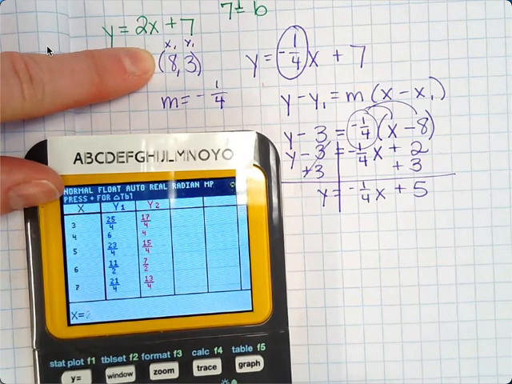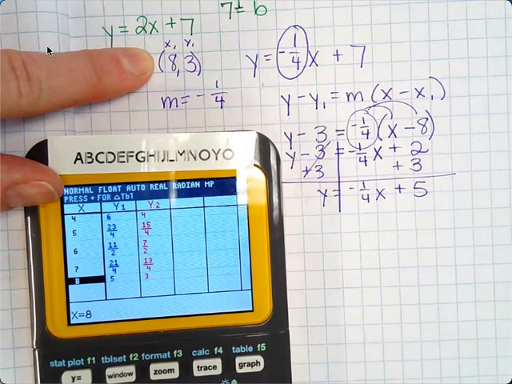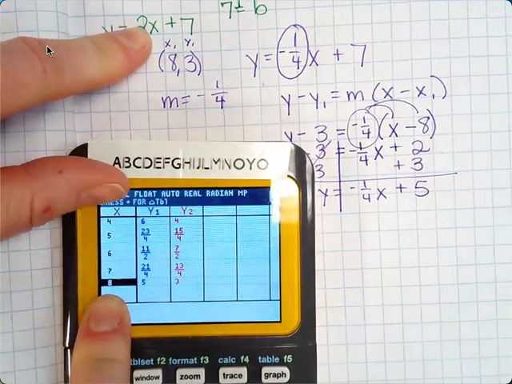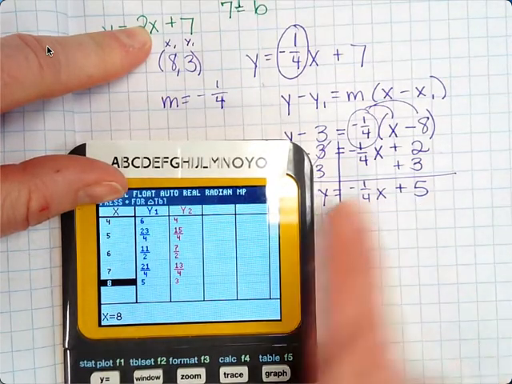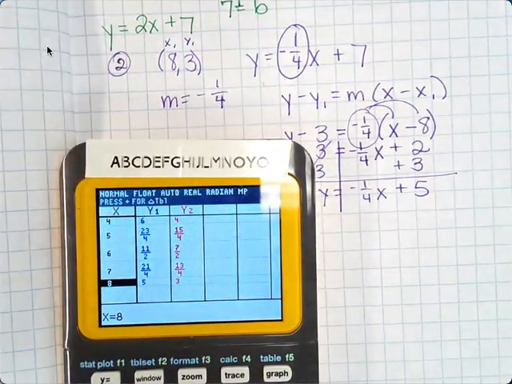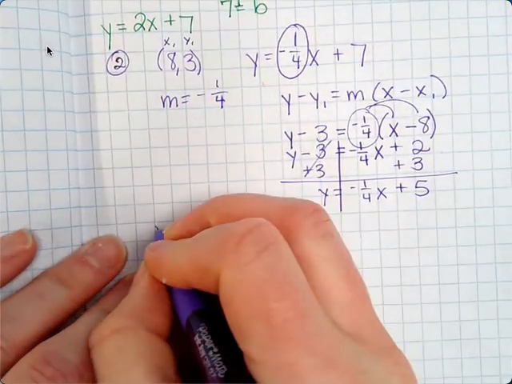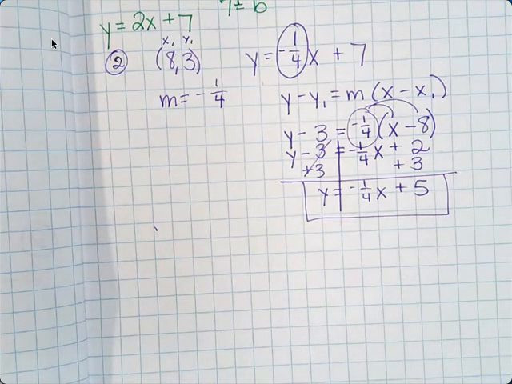You should be doing this too. 8 on the x side of the table. And then the red one's the second graph, which is the one that we put in second. So (8, 3), that is on the table, so we're good. So let's put this in our digital.